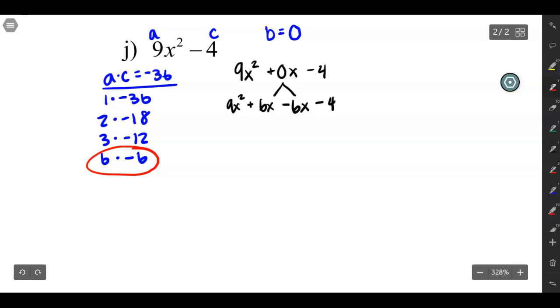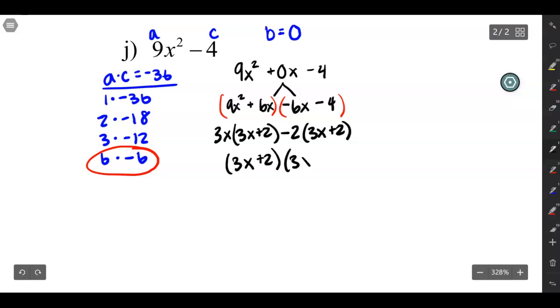But I want them there because now I can factor by grouping. In this first group, I can factor a 3x out, and I'm left with 3x plus 2. In the second group, I can factor out a negative 2, and I'm left with 3x plus 2. Since the parentheses are the same, I can factor that out, and I have 3x plus 2 times 3x minus 2. And that is my final factored form answer.